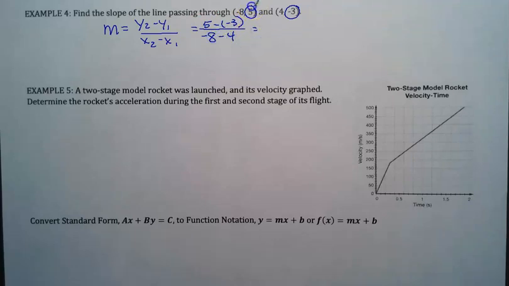So again, 5 came first, so -8 had to come first, keeping them in that order. 5 minus -3 is the same thing as plus, so we have 8. -8 minus 4 is -12, and then we can reduce that, right? 8 twelfths reduces to -2/3 equals the slope. Okay, so using the other notation.